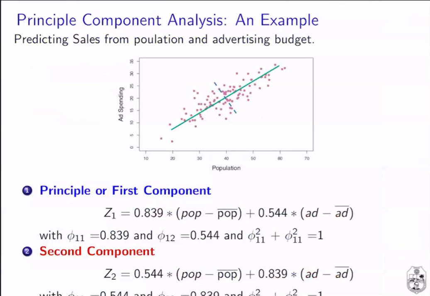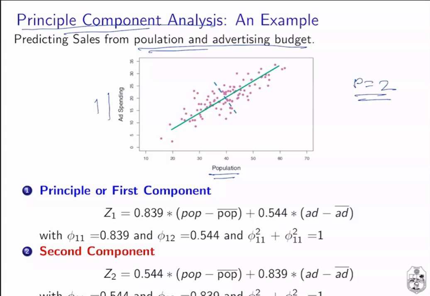Now here I am explaining the principal component analysis with an example. Let us consider prediction of sales from the population and advertising budget. Here the number of features, that is p, is equal to 2, and these input features are the population and ad spending.